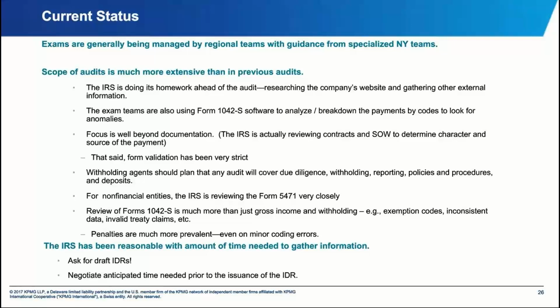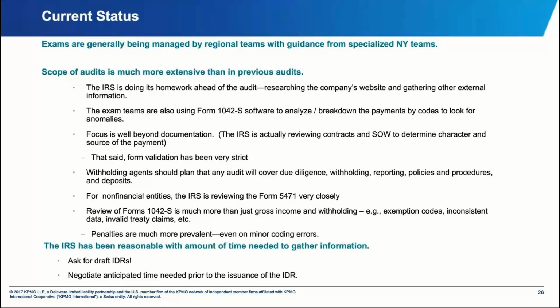They've also got some new software that they can, for lack of a better way to describe it, slice and dice up the information on the Form 1042, and they're targeting areas where there's anomalies. So, for example, if you are reporting that the recipient code is 08, a foreign partnership, but you've given treaty benefits, there is a situation where that could be right, where a partnership may be a hybrid, and entitled to treaty benefits because it is a resident and subject to tax in its own jurisdiction.